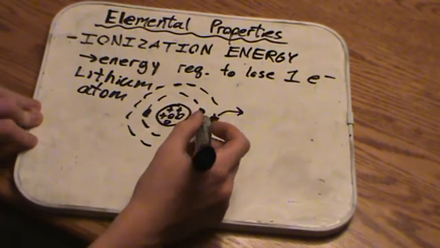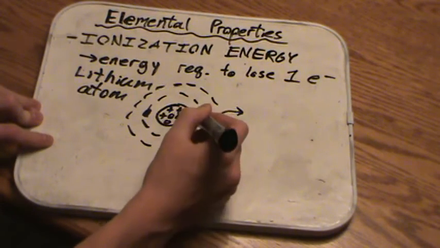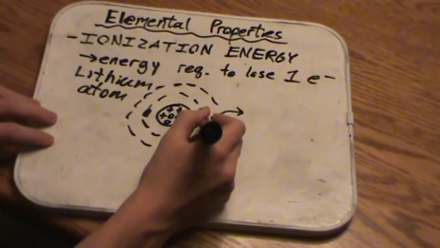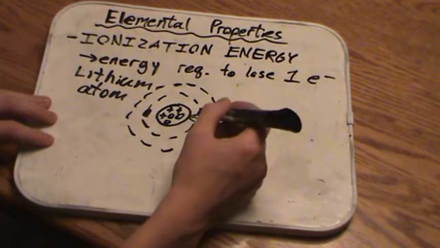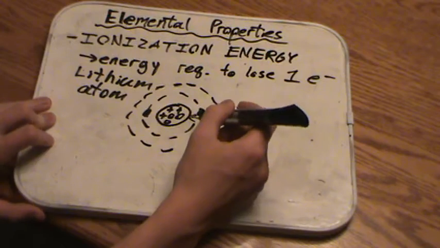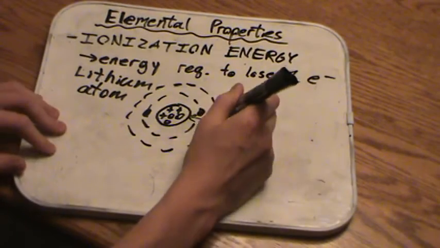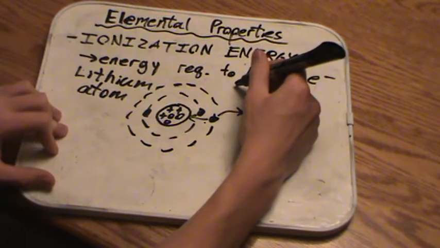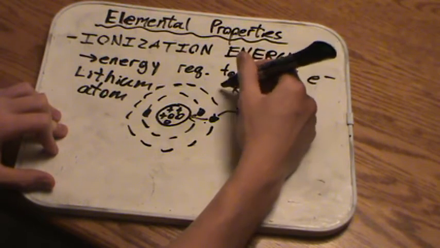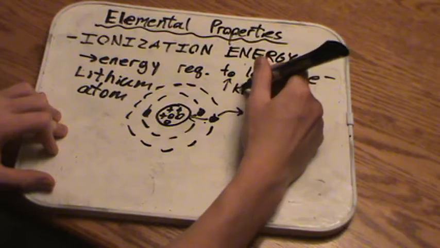And so this electron is normally attracted to the positive nucleus. It has an electrical attraction to this positive charge. But when energy is added to it, it has this tendency to want to move. It gains kinetic energy.